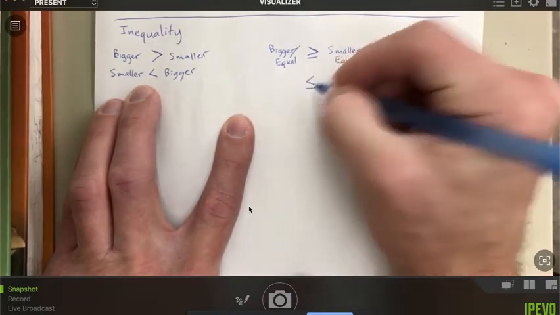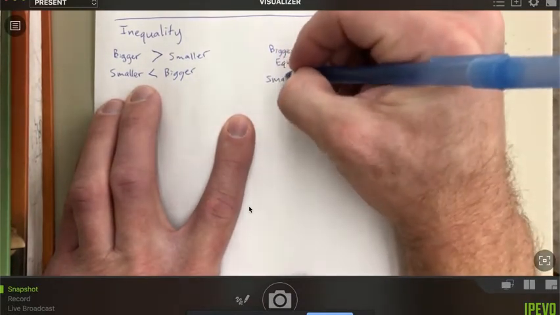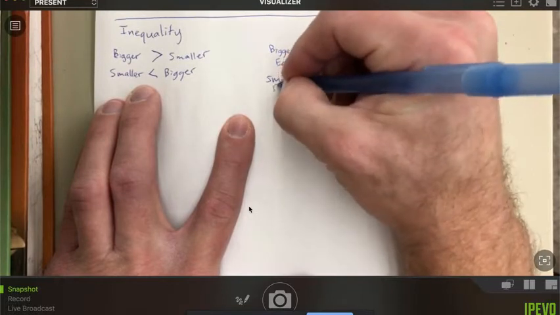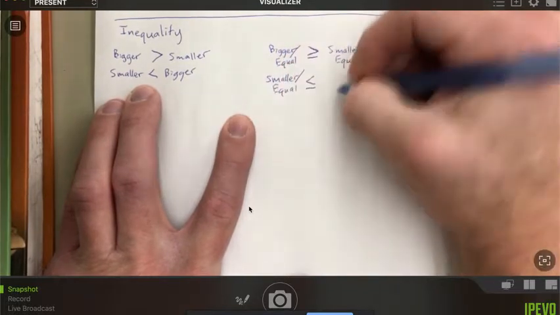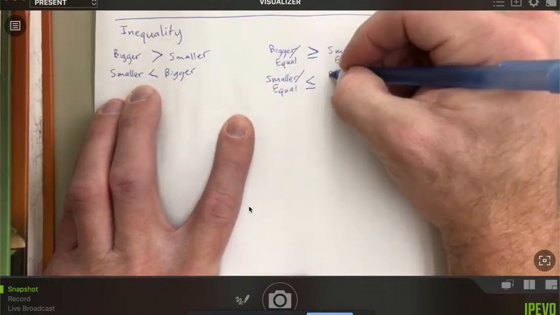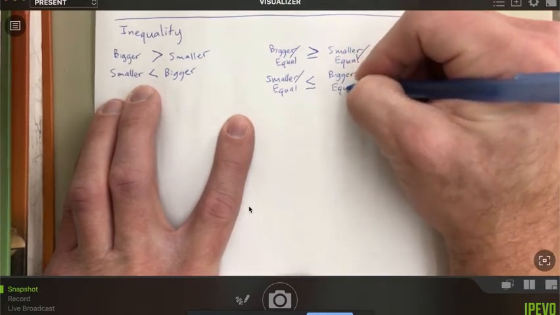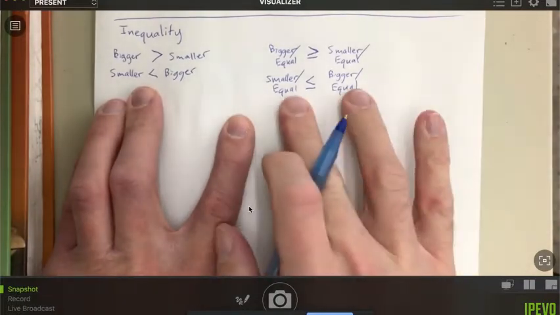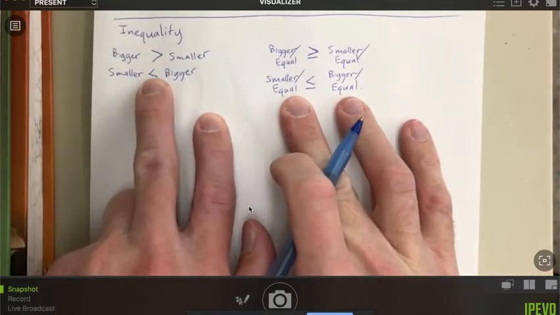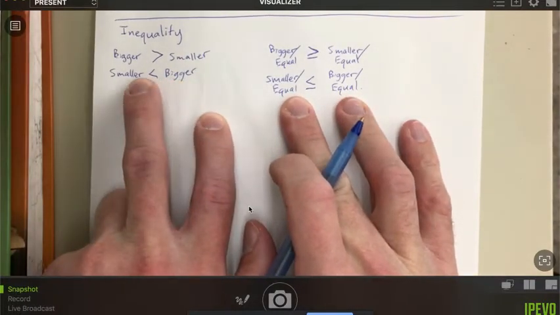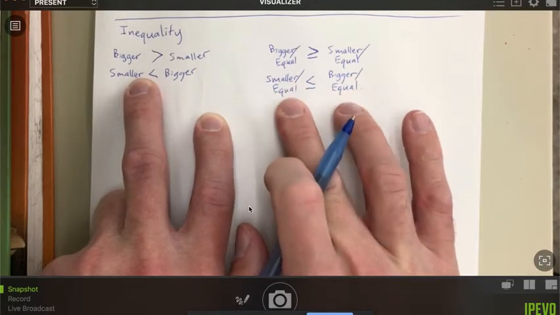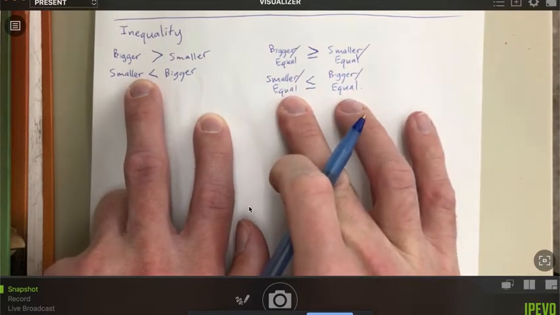And just like the other one, if I reverse the symbol, that just reverses which side is bigger and which one's smaller. So this is critical here to know that the numbers have to be bigger, smaller. This one can be bigger, smaller, or equal to each other.